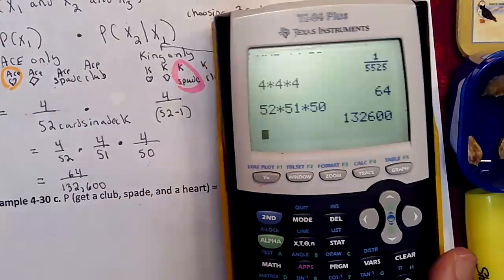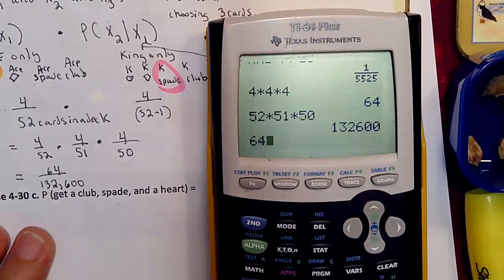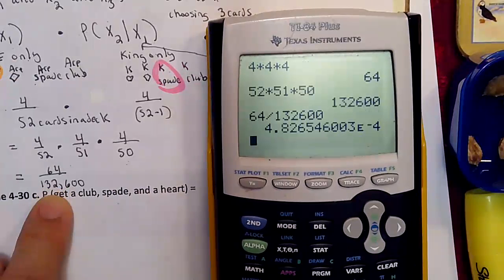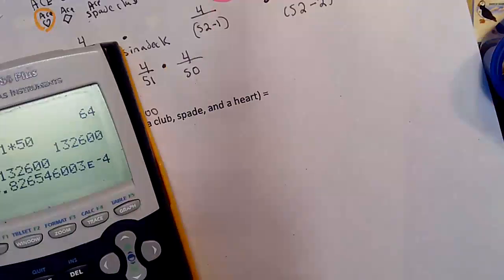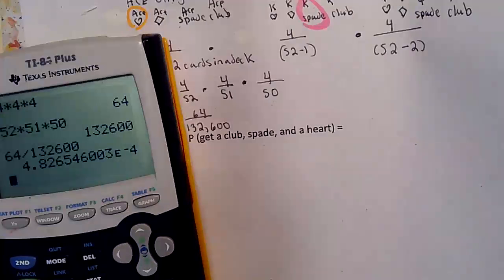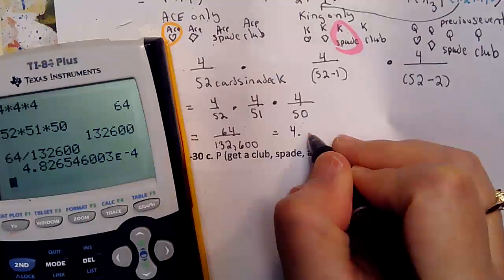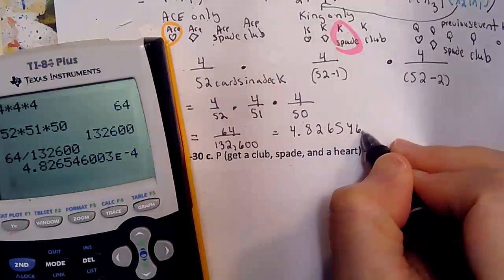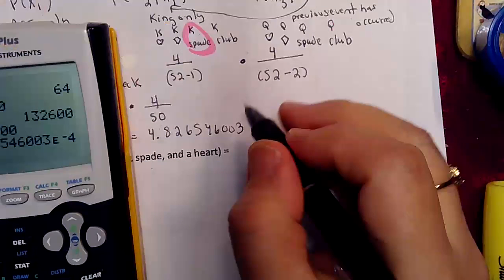Okay. And then I'm going to make that into a decimal. 64 divided by 132,600. So you see, it's not surprising that the denominator is this. We saw that denominator on the first part because the denominators were 52 times 51 times 50. But this is also a very small number. See that? Times 10 to the negative 4th.